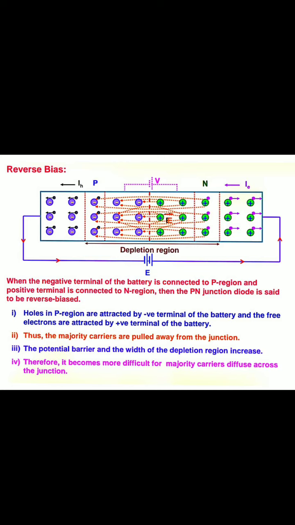That's why we measure the current in forward bias using a milliammeter, and in reverse bias a microammeter. We get a very small amount of current, so in reverse bias we use a microammeter to measure the current due to the minority carriers.